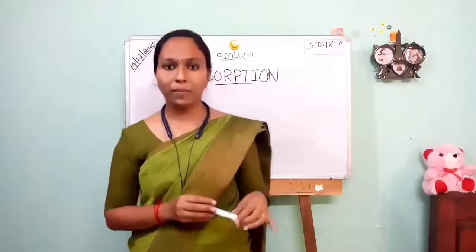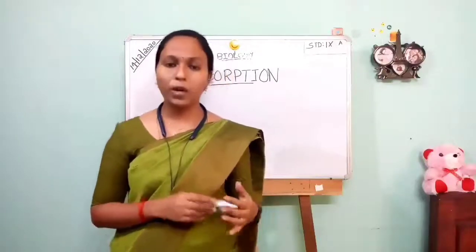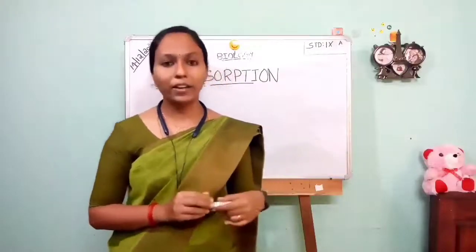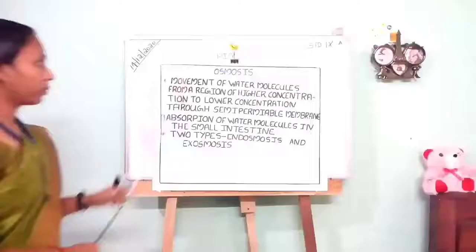It is a type of diffusion. It takes place with the help of protein molecule. Example are absorption of glucose, fructose, galactose, etc. Are you clear? Let's move on to the next activity.